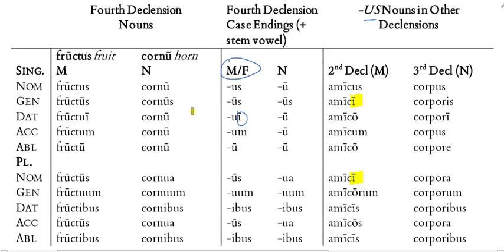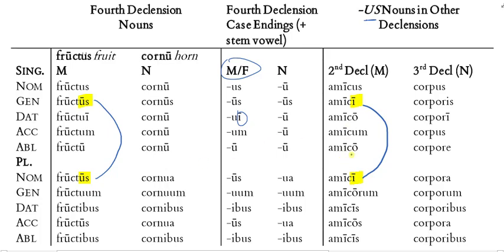My point is not that fructus has the long i in both, but I just want you to see that the genitive singular of the fourth declension, fructus, matches the nominative plural of the fourth declension, just like amici does. That's the only thing I want to point out, that they actually happen to be the same, just like these happen to be the same. Okay? So we have similarity there.